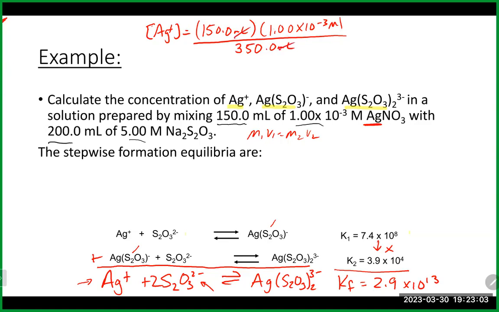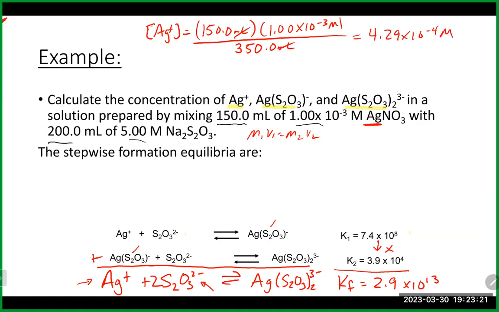Again, the milliliters will cancel. That's going to leave us in molarity, which is good. That's 150 times 1 times 10 to the minus 3, divided by 350. We'll call it 4.29 times 10 to the minus 4 molar.